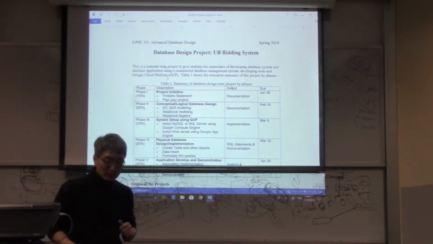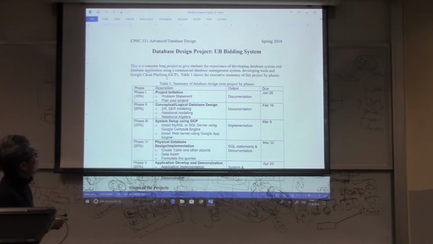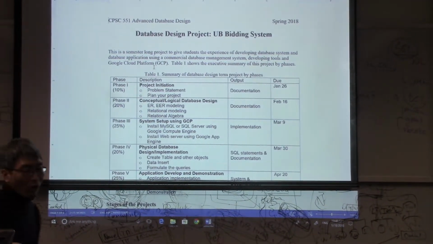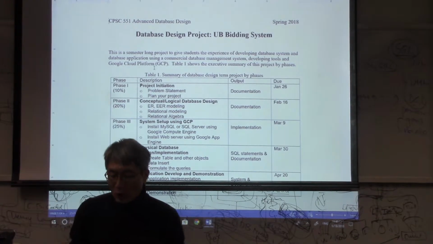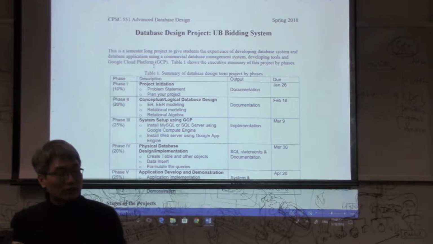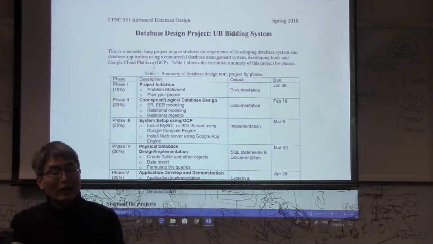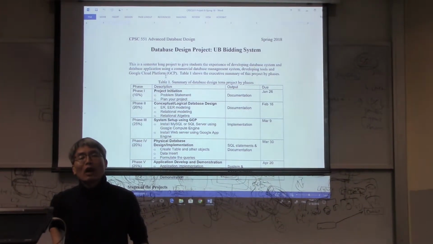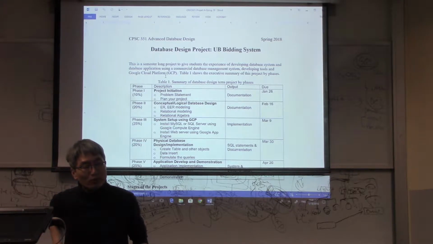Then the limitation is that we are going to use GCP, Google Cloud Platform. Some of you already use cloud computing, the others do not. So next week, we will have the first exercise lab for the GCP. At that time, I'm going to introduce what GCP is, and each student will create a $50 free coupon account.